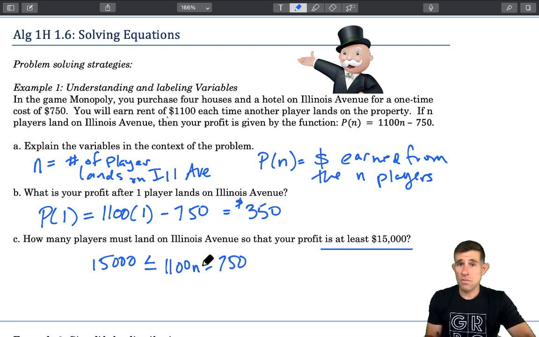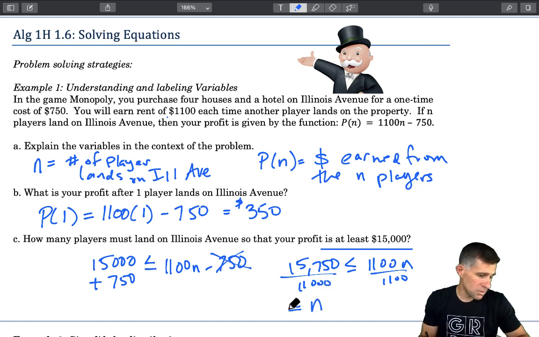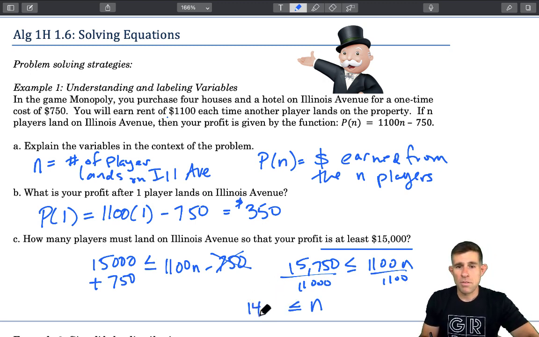Now we're simply going to solve this equation backwards to get n by itself. So we're going to add our 750 over to get rid of it from this side here. And that gives us 2,250 is less than or equal to 1,100n. Dividing both sides by 1,100 gives me an n value that has to be greater than or equal to, I'm going to check my notes here, it is 2.05.